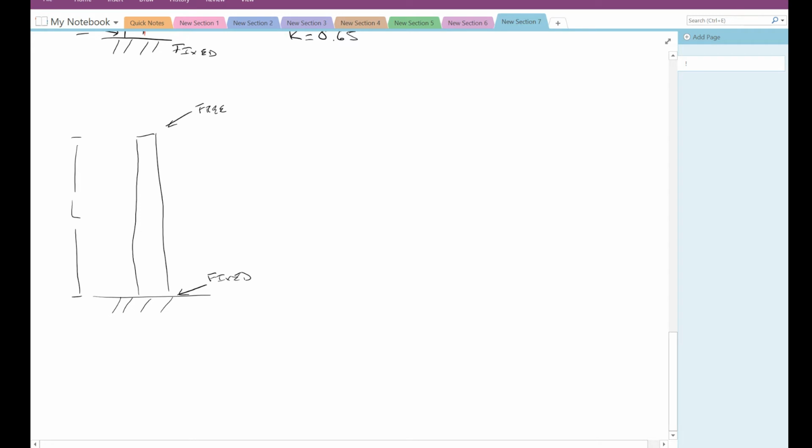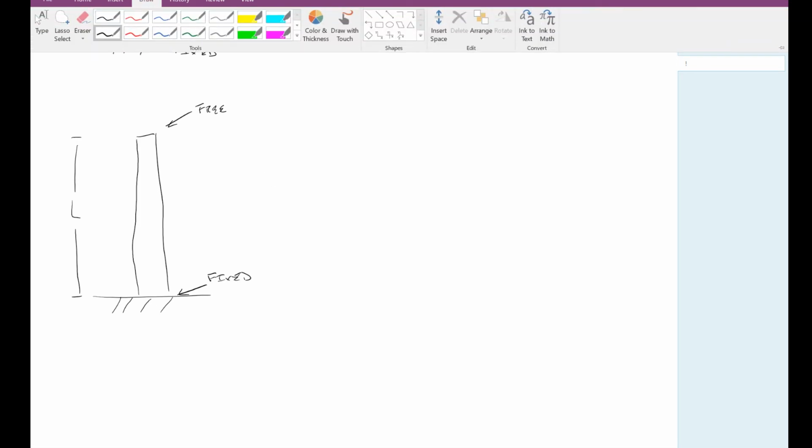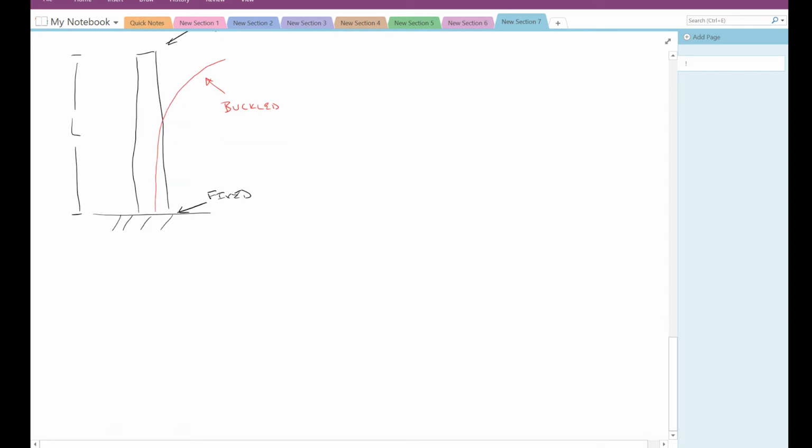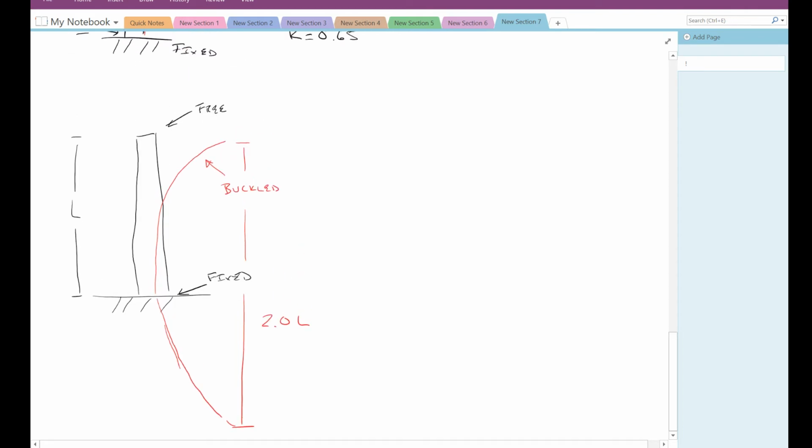All right, so if I were to draw in red something that looked like this, that would be our buckled column right there. Now, if I were to extend that down a little bit, like this, what we could say is that our overall length here is now 2.0 L here, right? Where the original length was just L. So this is a fixed free condition.